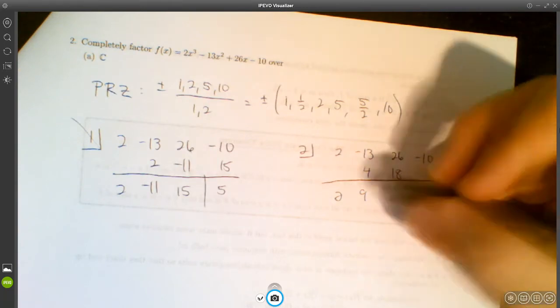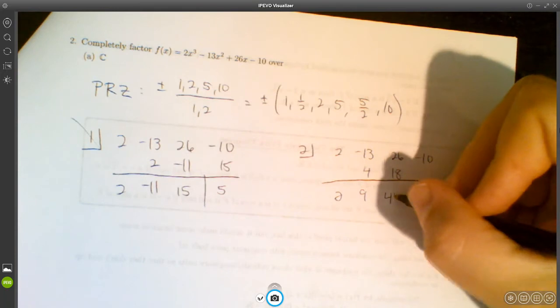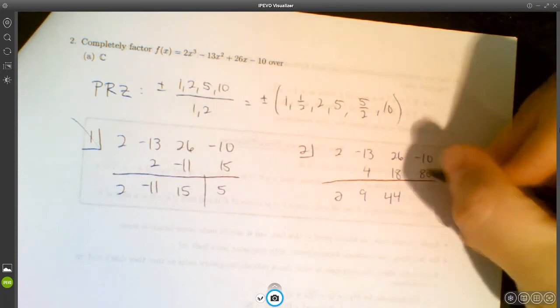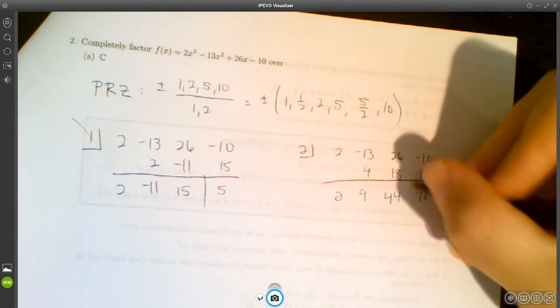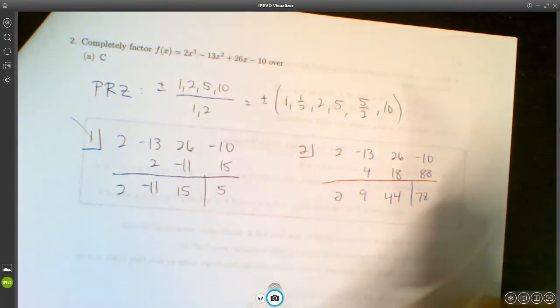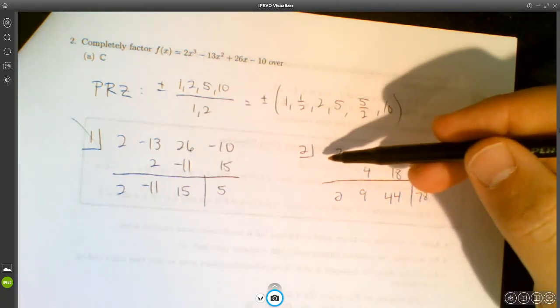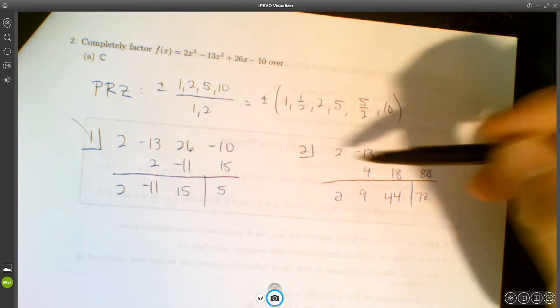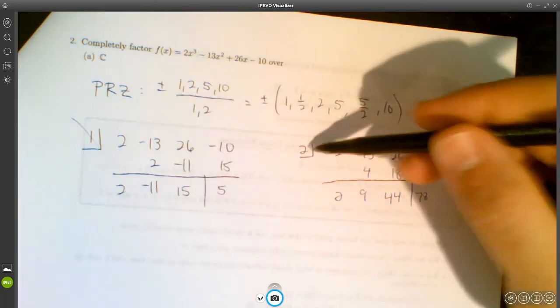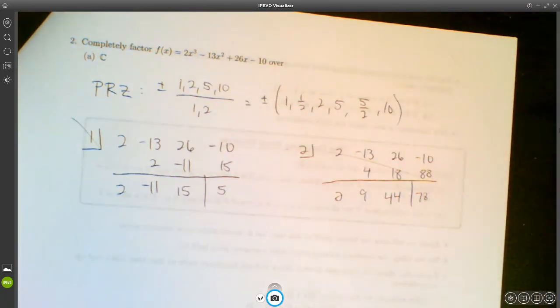That's going to be a big number. 40, 44, 88. Okay, so this is huge, right? 78. Notice that I get this row of all positive numbers, and I'm testing for a positive zero. So this tells me that 2 is an upper bound on my zeros. So I don't have any rational zeros, or actually I don't have any zeros at all that are greater than 2. So I'm going to stop testing the positive integers.